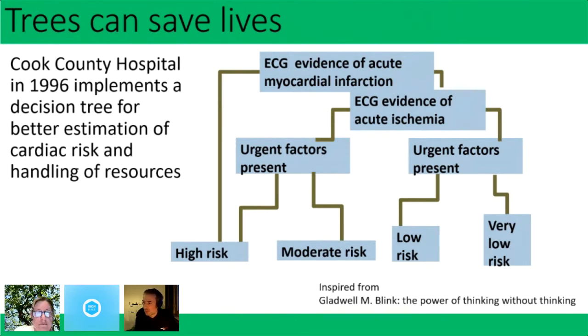It's called The Power of Thinking Without Thinking by Malcolm Gladwell. And in this book, one of the chapters focuses on one of the early adoptions of decision trees in healthcare, where there was this county hospital, Cook County Hospital in the States, which was understaffed and was flooded with a lot of patients.